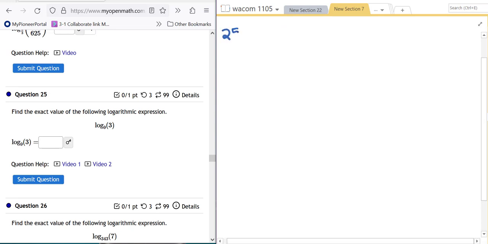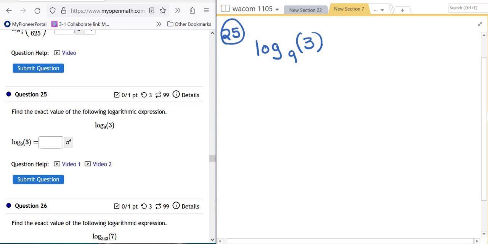This one, it seems like you're having to think backwards a little bit because your base is bigger than what you're taking the log of. So you're going to have to do some kind of root. You can think of your relationship here.